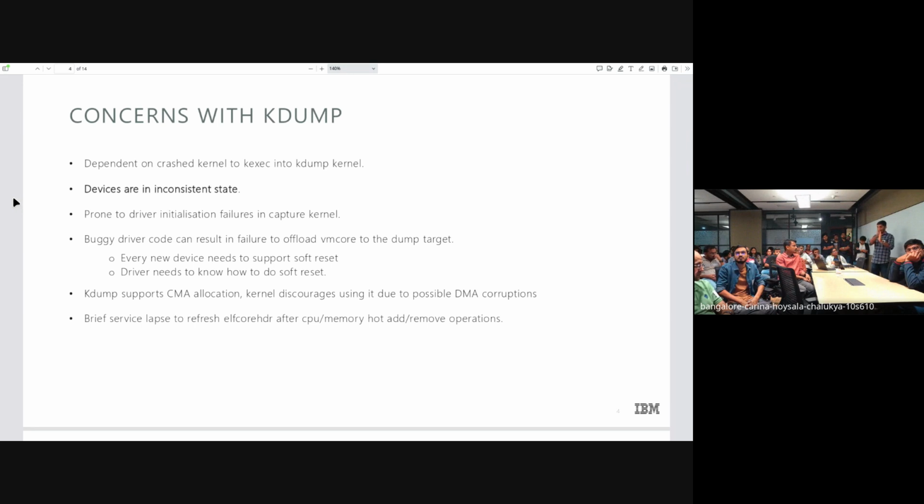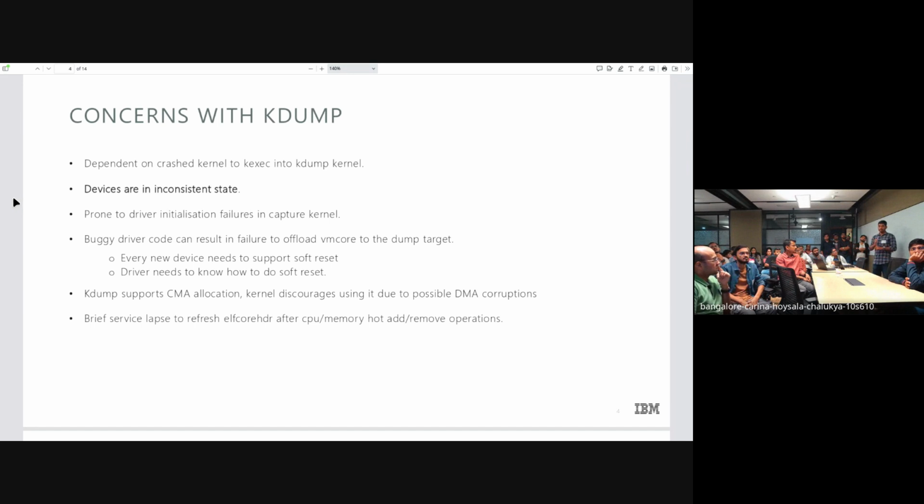Suddenly you switch to the next kernel. The next kernel gets all the devices in an inconsistent state. The devices were doing something, and now the second kernel is getting those devices. So in this case, when we are depending on the crashed kernel to jump, our devices were never reset.